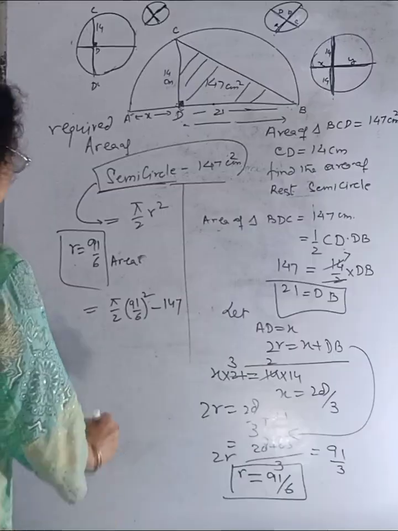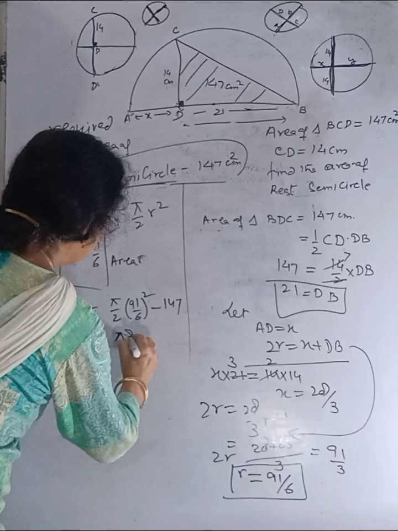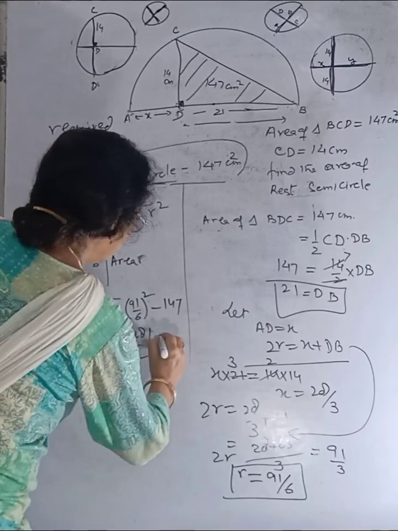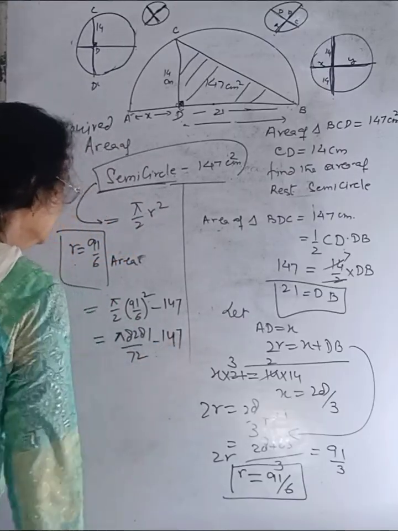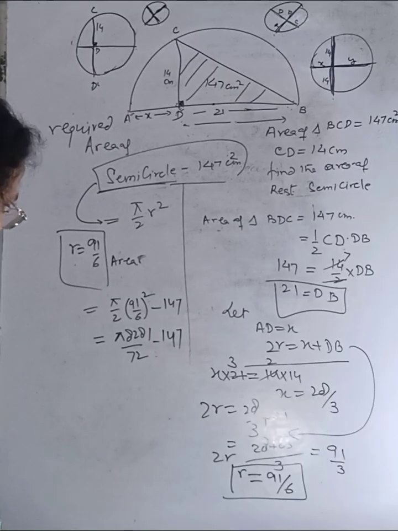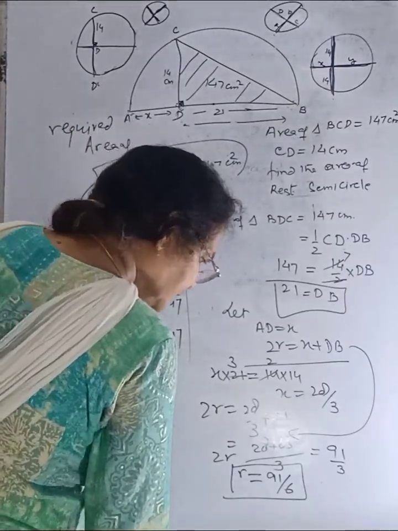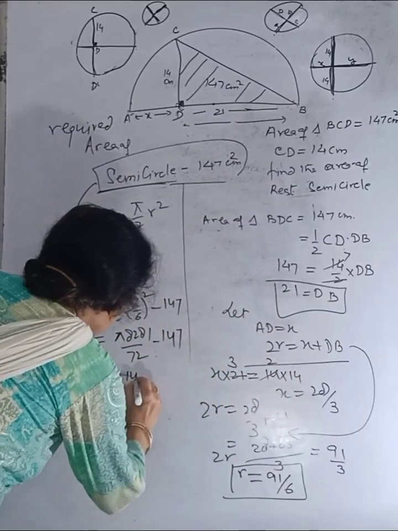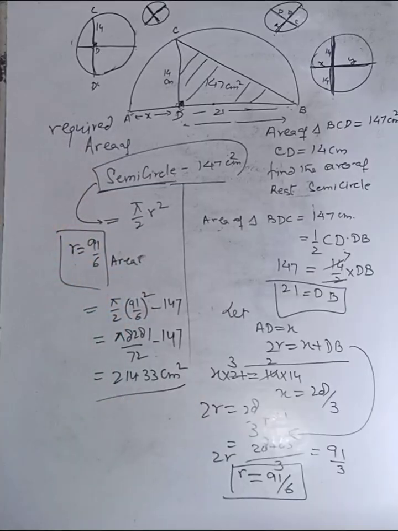This will be equal to pi times 8281 upon 72 minus 147. When we calculate the value of this, it will be approximately equal to 214.33 centimeter square. It is calculated already.